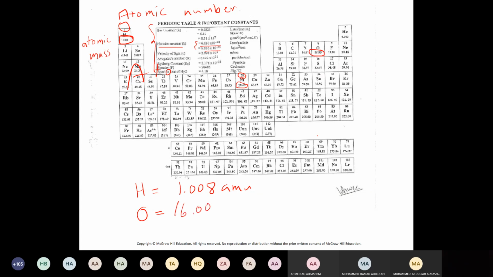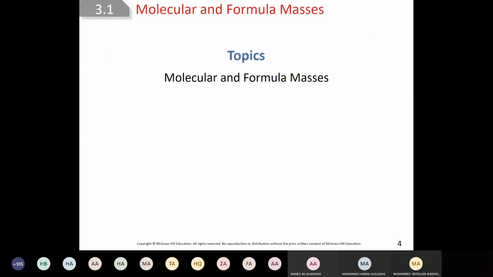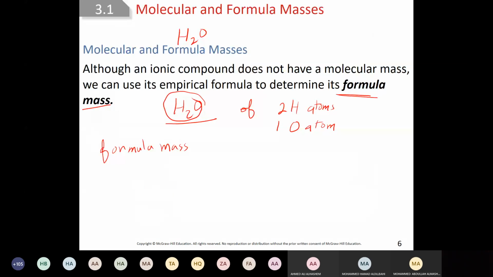16.0 AMU. So what will be the mass of water? It will be 2 hydrogen, so it is 2 times 1.008 plus 1 times 16.000.